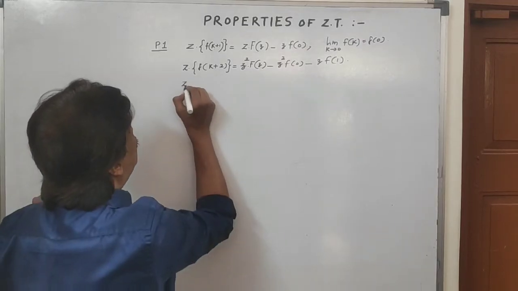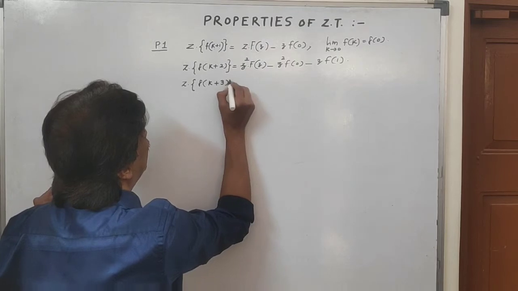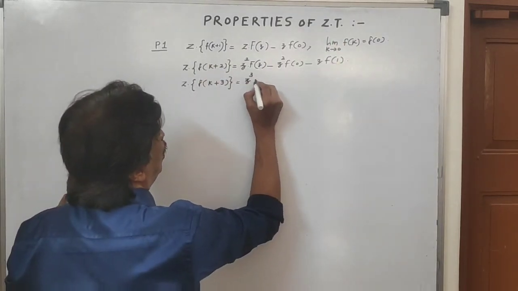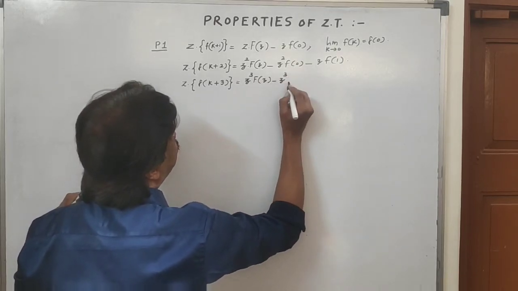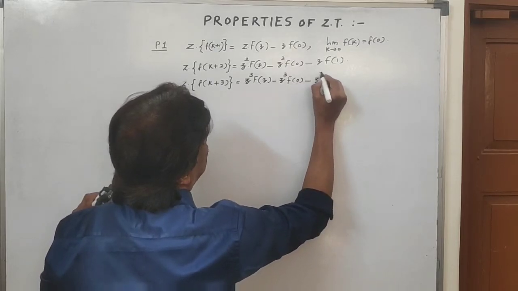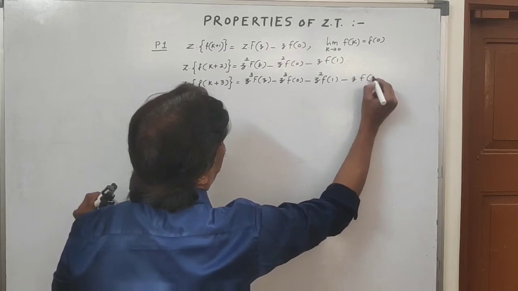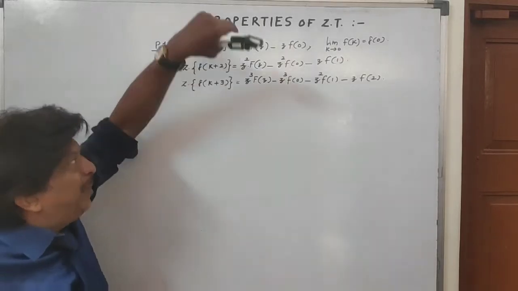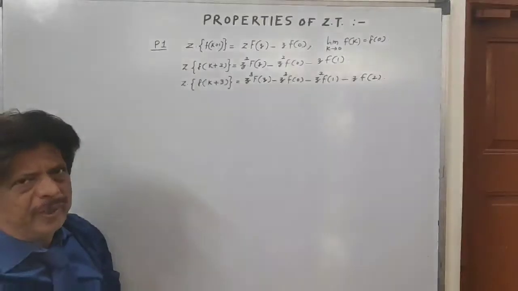Z transform of f of k plus 3 would be equal to, similarly, generalizing this concept, z cube of f of z minus z cube of f of 0 minus z square of f of 1 minus z of f of 2. This can be very easily verified. This is also called the forward shift property.